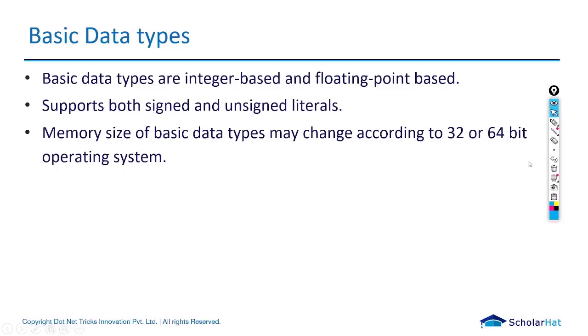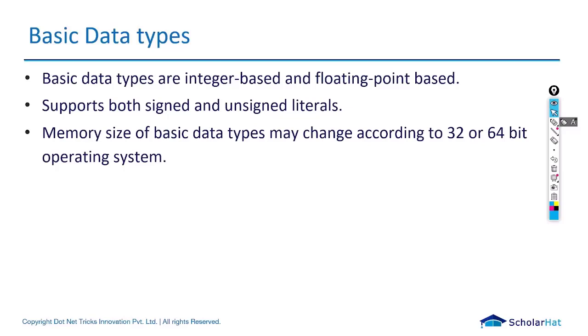Suppose we take an integer, signed int. It means it is going to store positive values and negative values both. When we declare unsigned int in our compiler, that means it is going to store only positive values. Memory size of basic data types can change according to the 32 or 64 bit operating system.